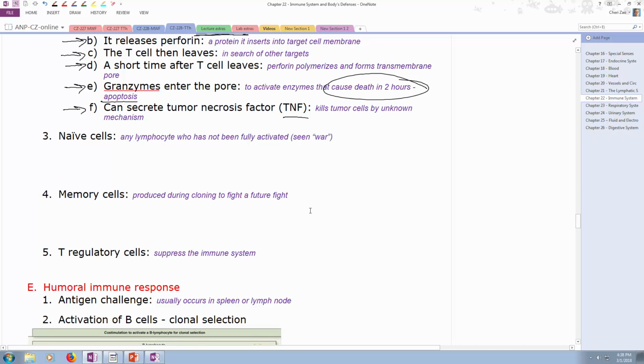Now into some definitions that we already kind of touched. Naive cells, any lymphocyte that has not been fully activated or challenged. Challenge and activation should be considered the same. So challenge equals fully activated.